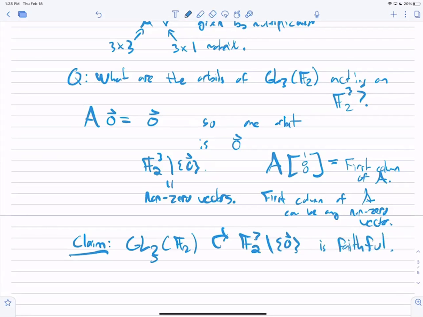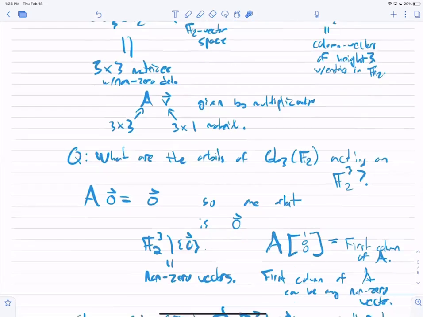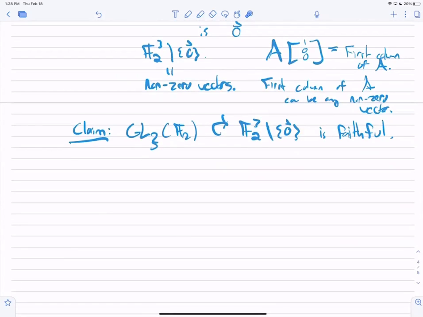That just means the map from GL3 of F2 into the permutations of the set is injective, or equivalently, that the intersection of the stabilizers is trivial. That follows immediately. I knew the action on all of F2 cubed was faithful by definition. And the action is as far as possible from faithful on the first orbit; the kernel of the action on that orbit is the whole group. So it still also has to be faithful on this other orbit. That's a fancy way to argue.